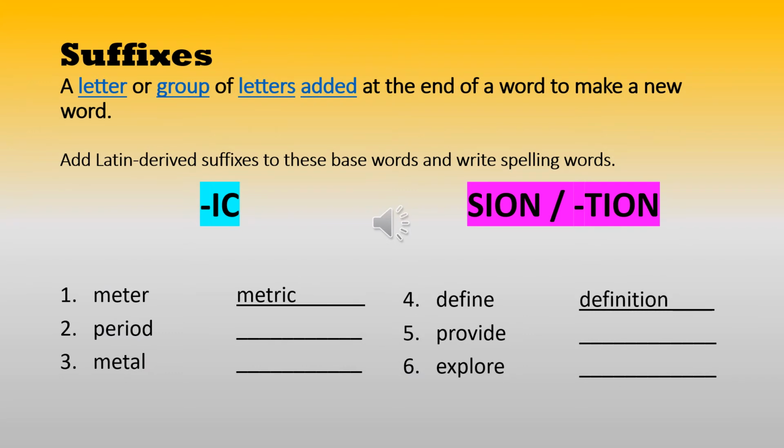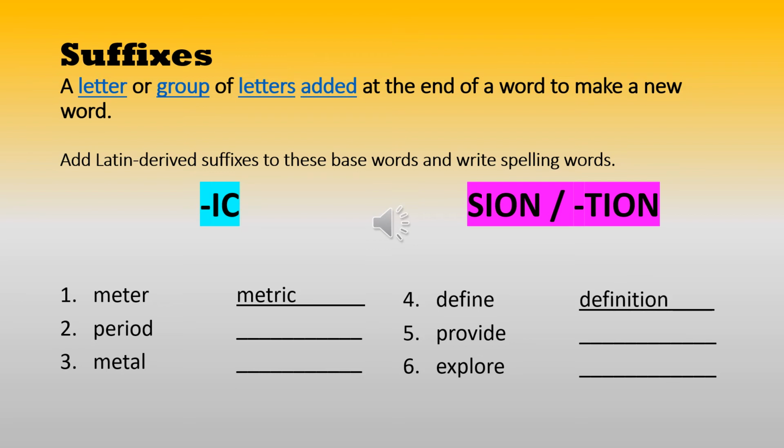Okay, at the top of the page, we have the definition for the word suffix. What is a suffix? We saw that at the beginning of the lesson. Okay, so I just found the definition for you. A suffix is a letter or group of letters added at the end of a word to make a new word.